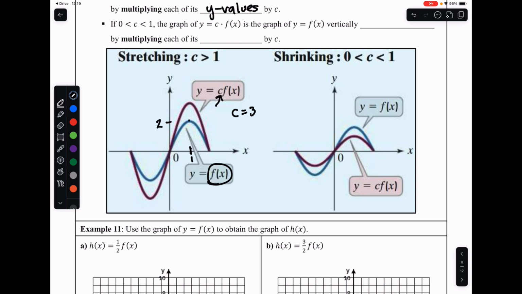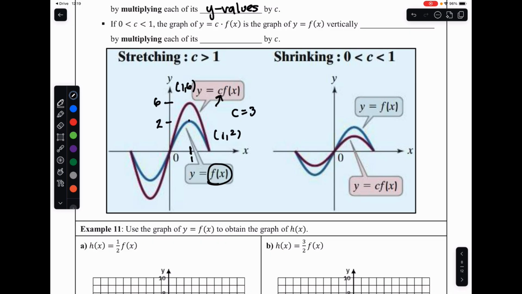Right now, the height of this arch has a height of 2. Multiplying the entire function by 3 is going to result in the y values, or in terms of this height, being stretched to 3 times its original size. So 2 times 3 is equal to 6. So this will now have a height of 6 units. So the coordinate changes from (1, 2) to the coordinate of (1, 6) by multiplying f of x by this value of c.